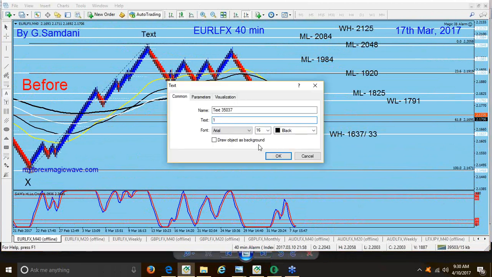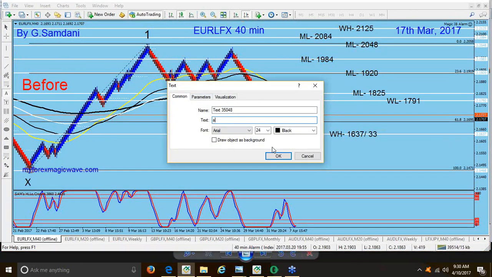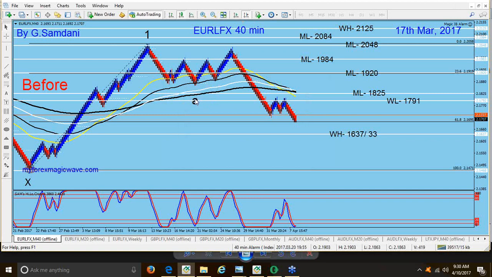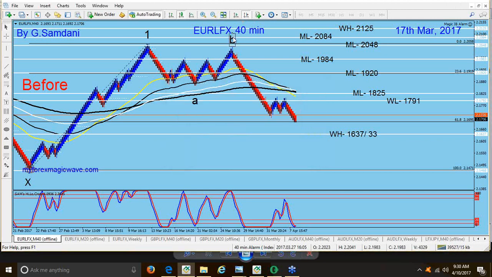I'll just mark here. Wave 1. And this is A. And this is B. Okay.